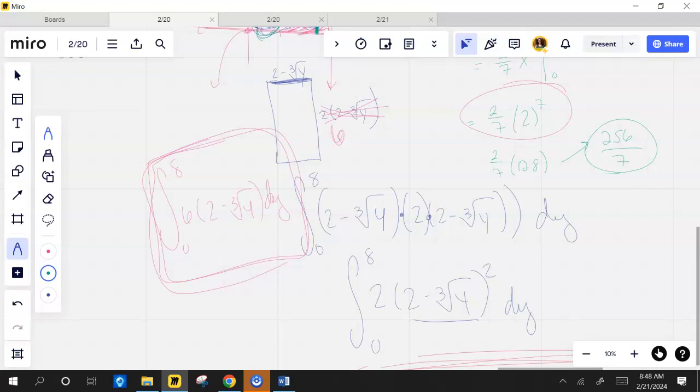It's taking a long time. Okay, my calculator does not like it. 23.99999. Okay, is that what you got?